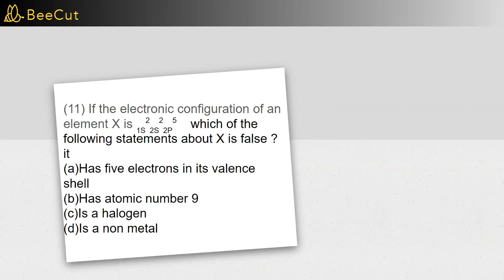The question says, which of the following is false about it? The atomic number is 9, correct. Is a halogen, yes. Is a non-metal, yes. But has 5 electrons in its valence shell, wrong. That is option A. 11 is option A.